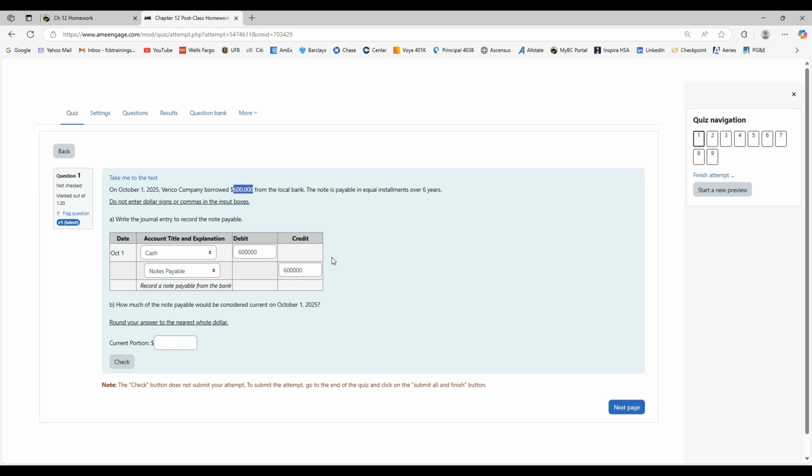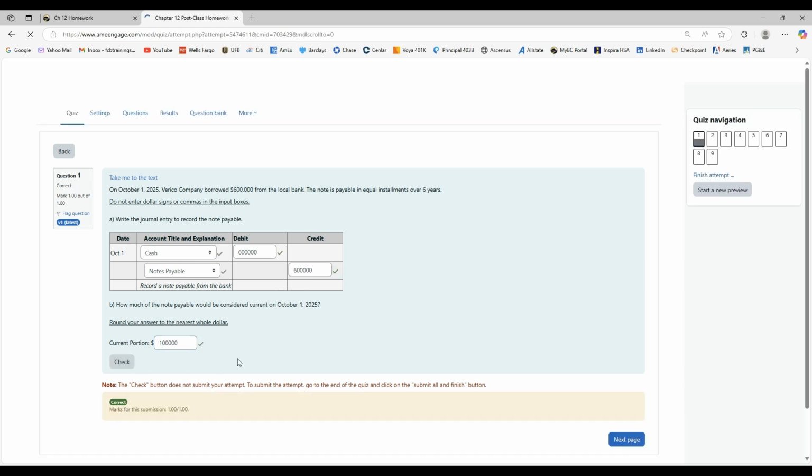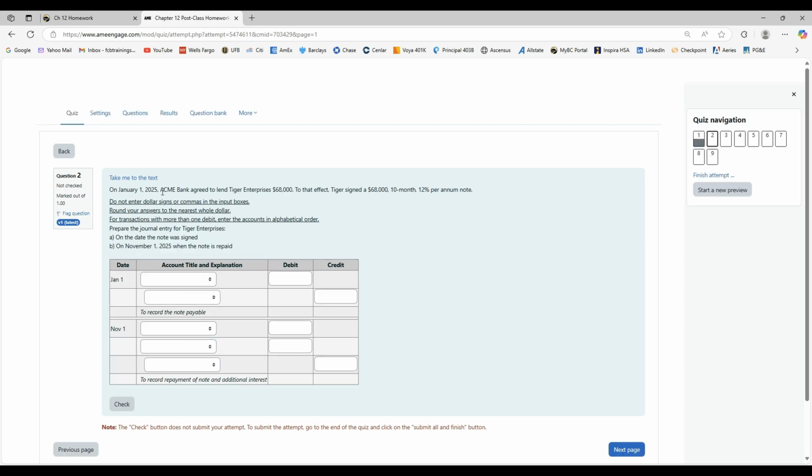Because we're paying the same amount every year, you're still paying the 100,000. So 100,000 would basically always be the current portion. And then at this point, the non-current portion would be 500,000. Current portion, 100,000.